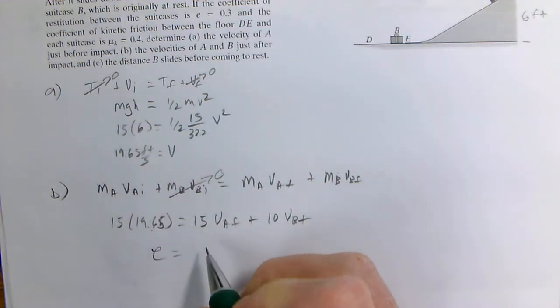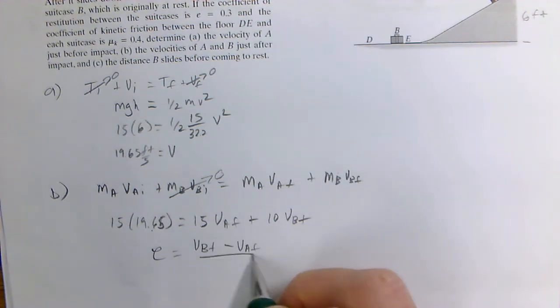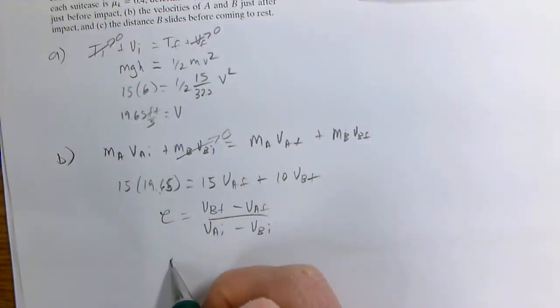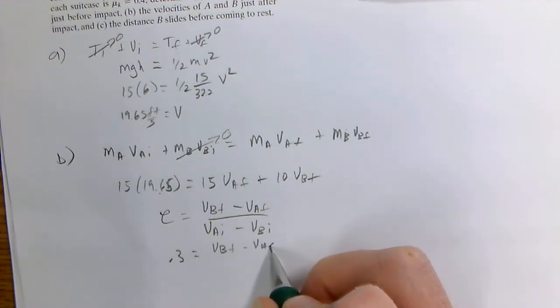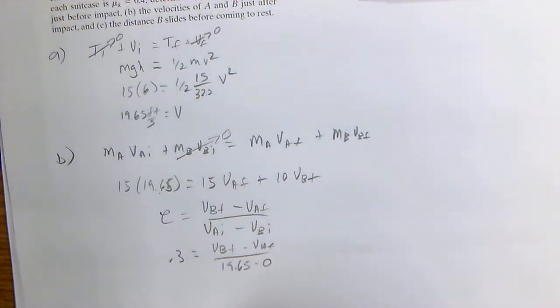So e is equal to VB final minus VA final over VA initial minus VB initial. 0.3 then is equal to VB final minus VA final over 19.65 minus 0. So multiplying that over there and then moving VA final over, we get VB final equals 5.9 plus VA final.